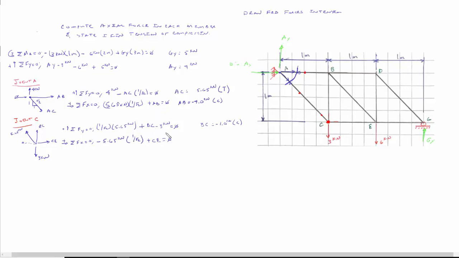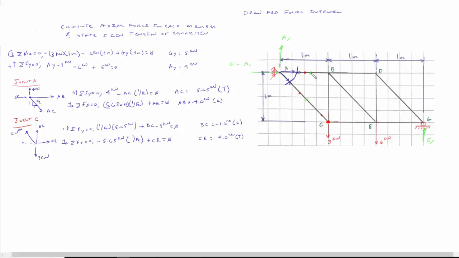So when I move this over to the other side and compute, I got that CE is equal to 4.0 kilonewtons in tension.